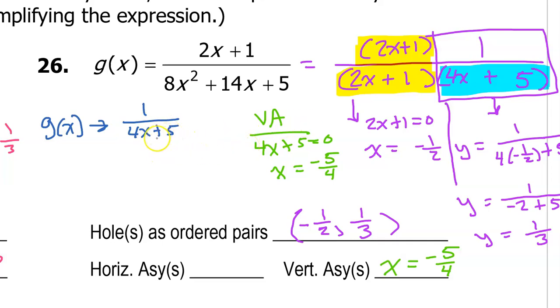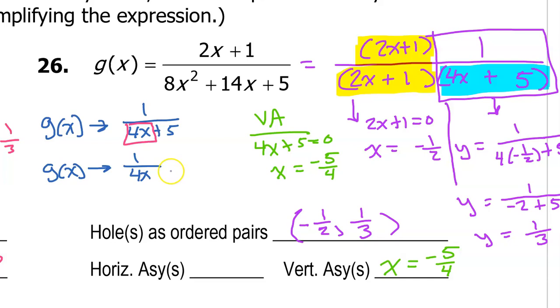Okay, now what matters most? In the denominator, this 5 is not going to matter as we approach infinity. So as x approaches infinity, all that's going to matter is this 4x. So g of x is going to approach 1 over 4x.